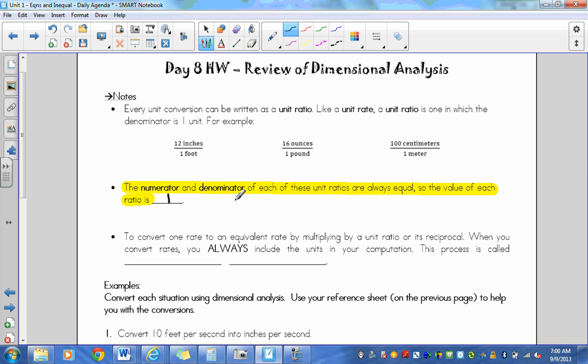And when you multiply by 1, you do not change the value of the fraction.